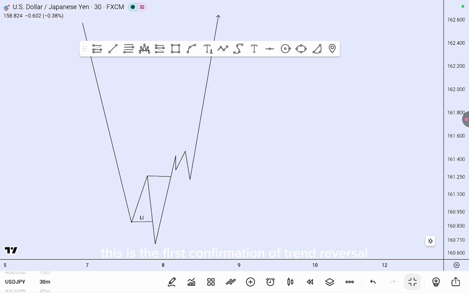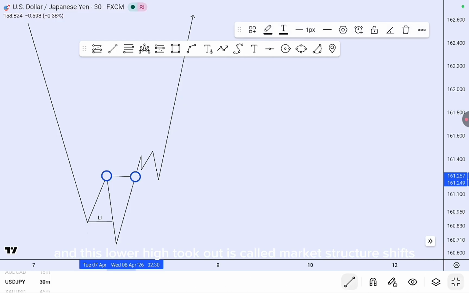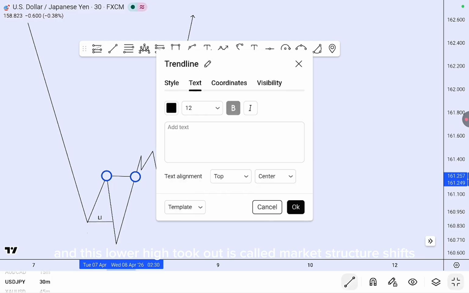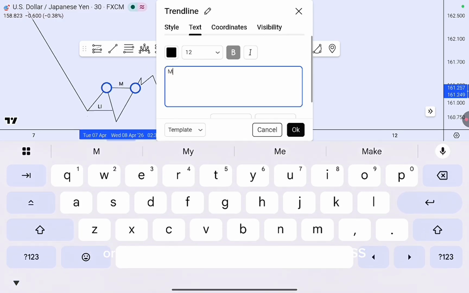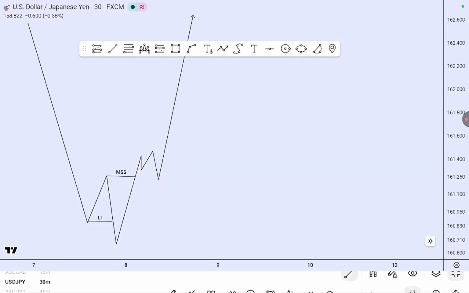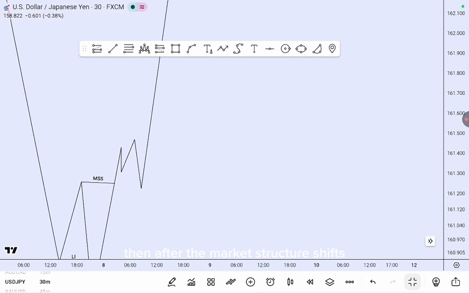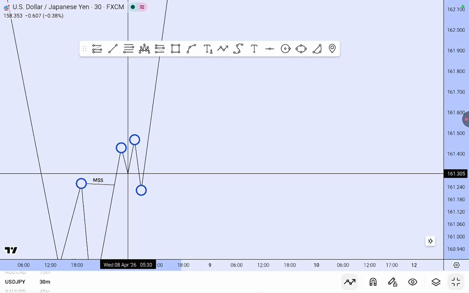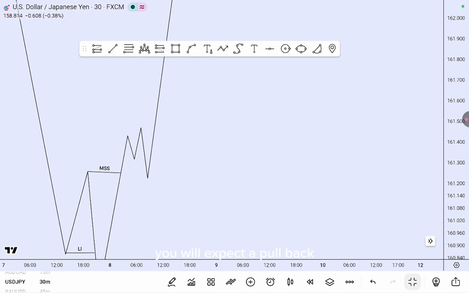This is the first confirmation of trend reversal, and this lower high it took out is called market structure shift or change of character. So I'll label it as MSS. Then after the market structure shift, you expect a pullback.